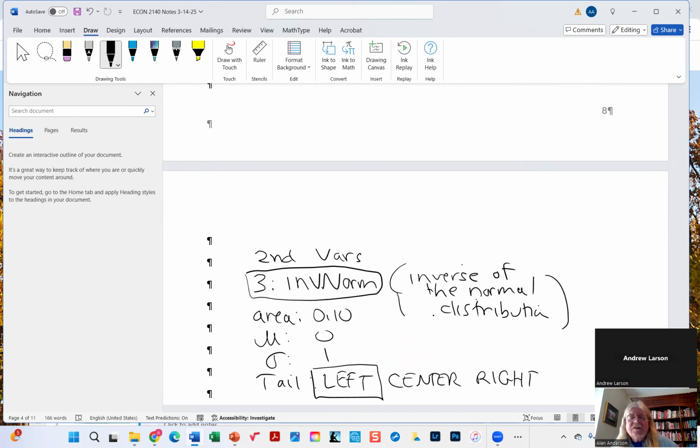Now, if you go there, you'll see that there's actually 4 things going on here. We need an area of 0.10. Before we go any further, I just want to point out that even if you have a TI-84, you might have a slightly different version than what I have. You also may have a TI Inspire. So what I would like you to do right now is go to your INV norm function and go down to the bottom and see if it has this tail entry here.